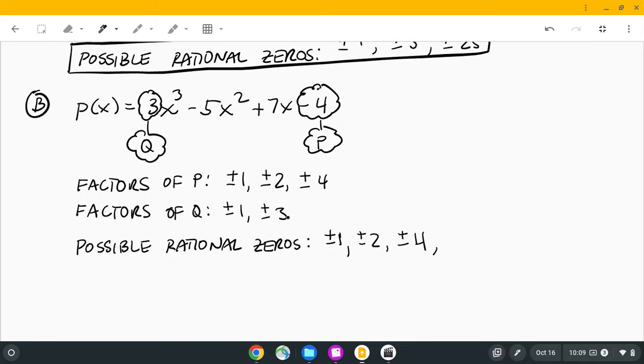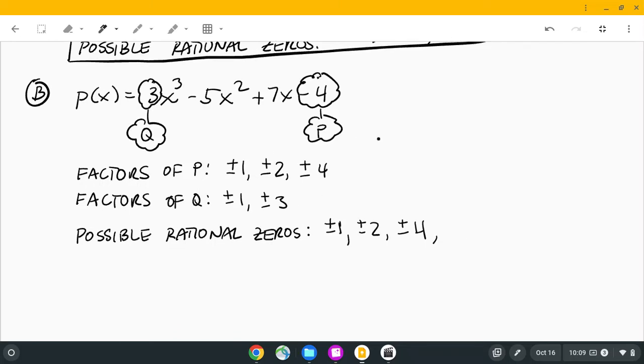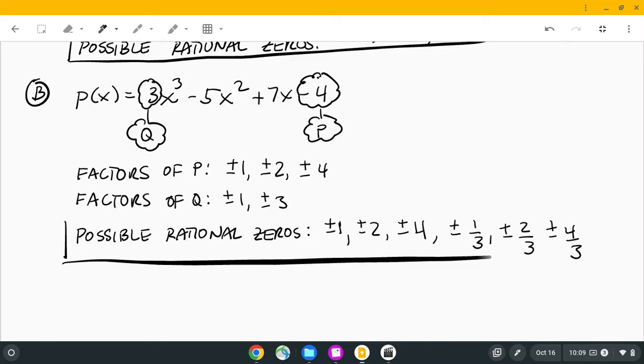And then we have to do this q. So it's all of these p's over plus minus 3. So that's going to be plus minus 1 over 3, plus minus 2 over 3, and plus minus 4 over 3. Okay, so this here would be your answer.